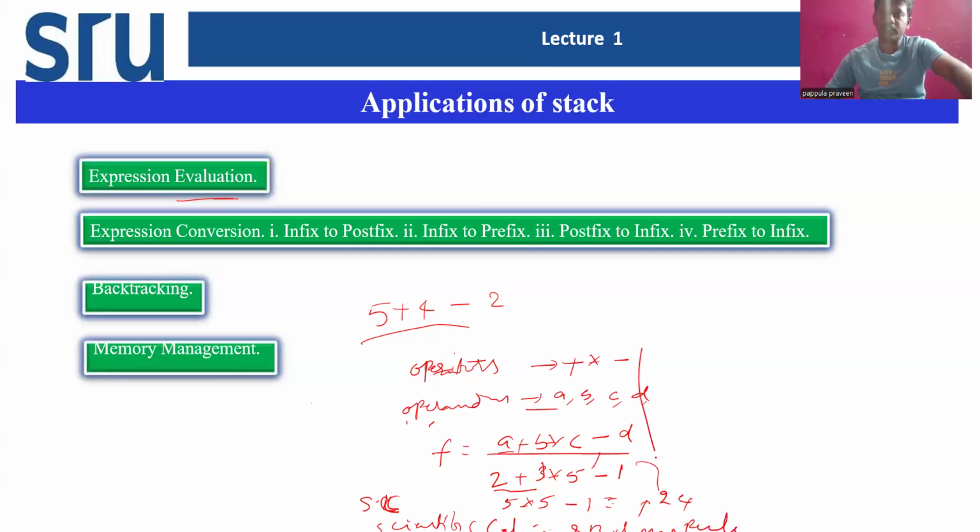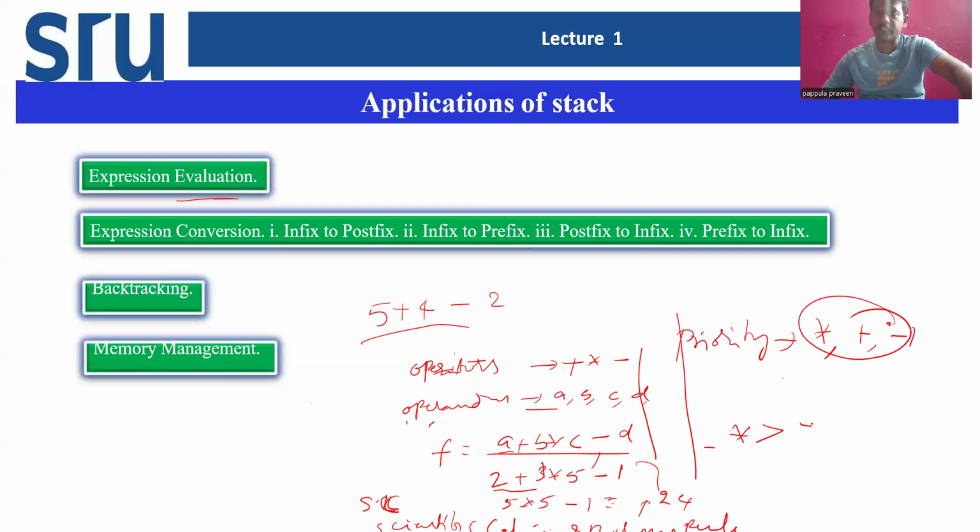BODMAS. So here, first you take the priority: multiplication priority, plus priority, and minus priority. See these three priorities. Multiplication priority is higher than plus priority. Plus priority is higher than minus priority. So now we have to take multiplication first.